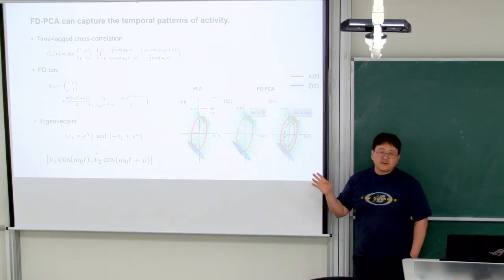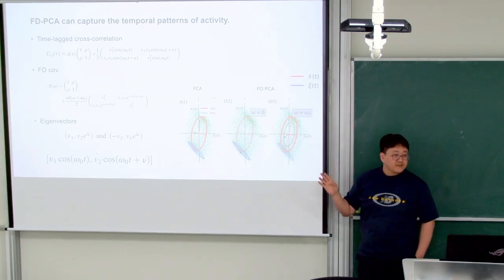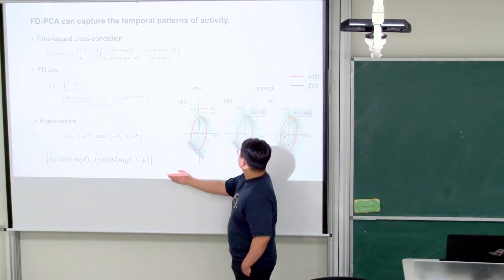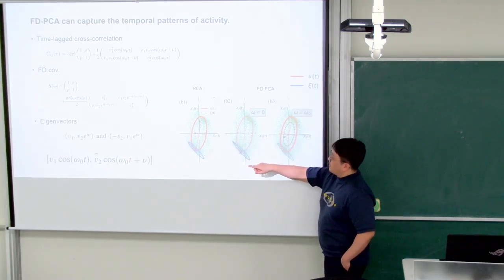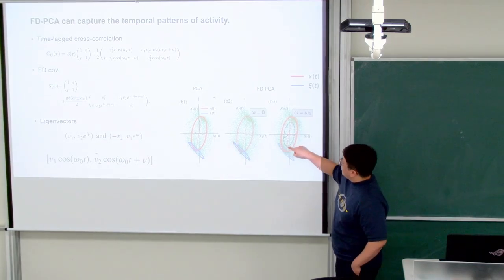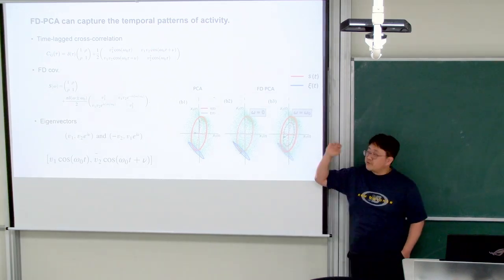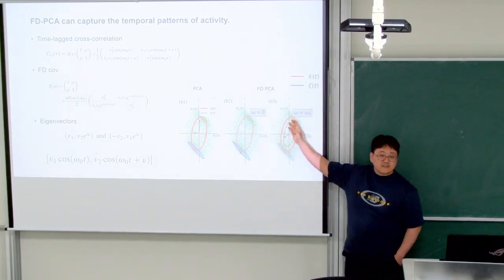Using the fixing gauge method, you can transform this eigenvector to this eigenvector, and then if you change the time, you can get this trajectory. And this trajectory is exactly corresponding to the signal.